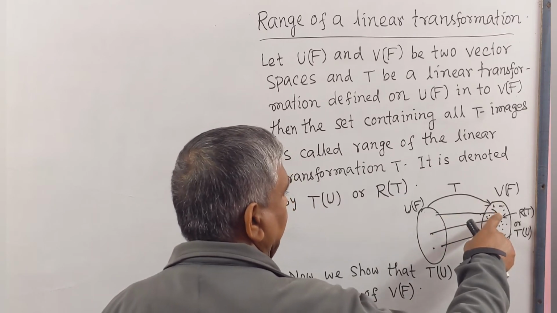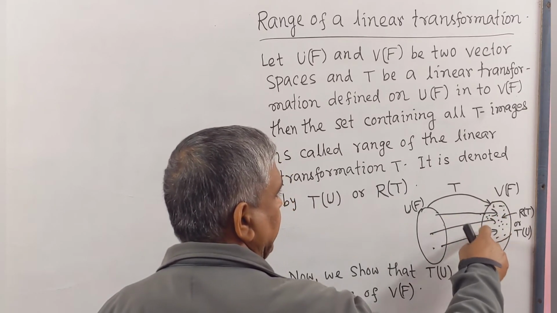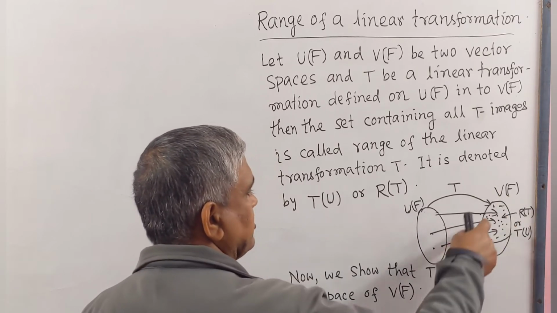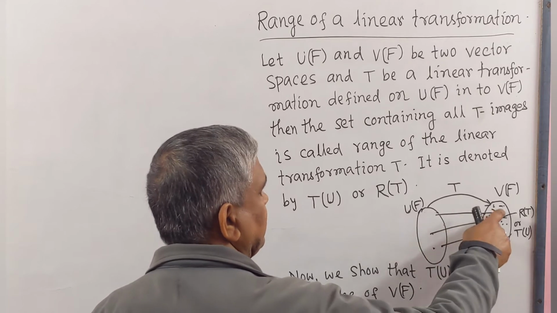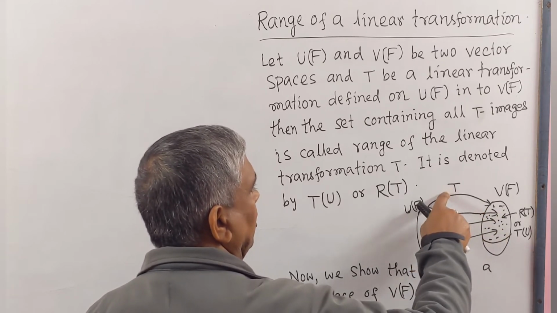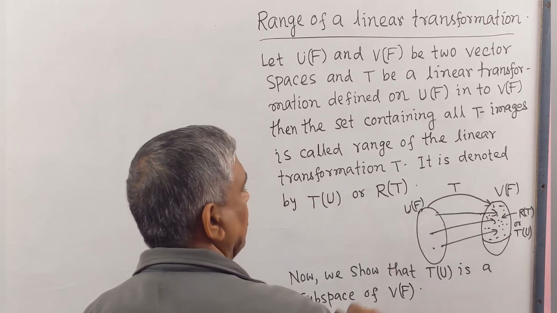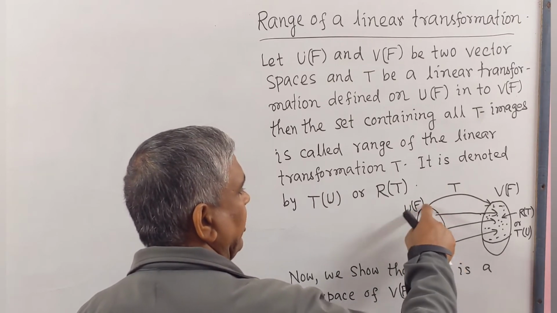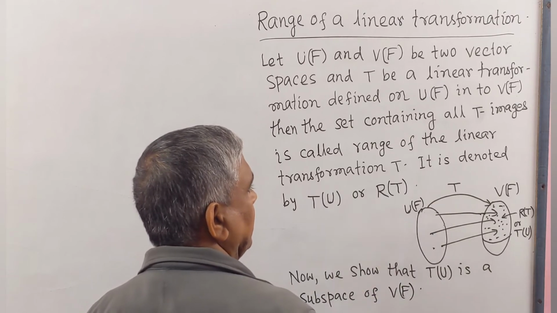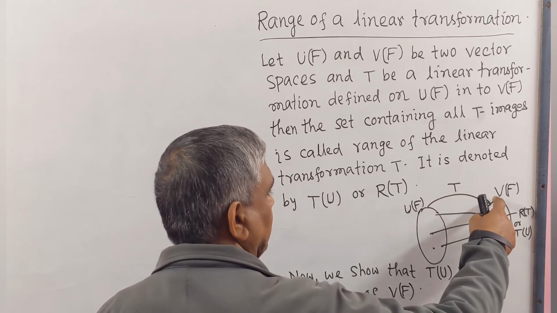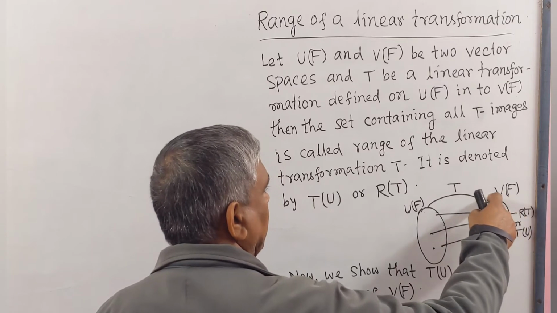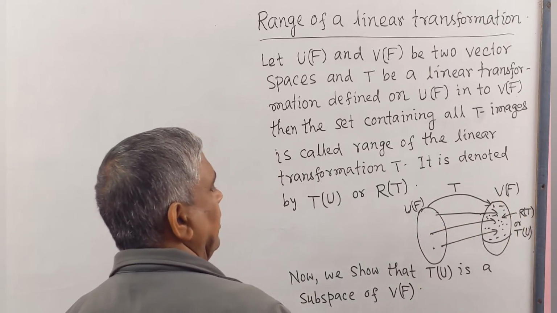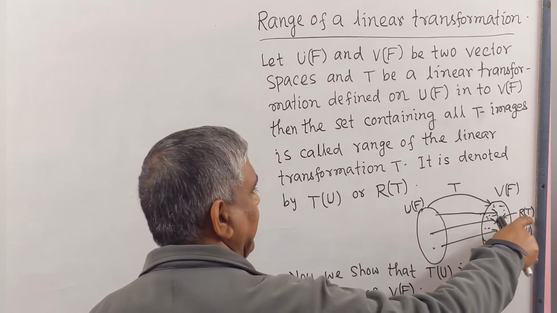Here we see that the shaded portion, which is a subset of V(F), contains all T images of the elements of vector space U(F), and this is called range of the linear transformation, and it is denoted by R(T).